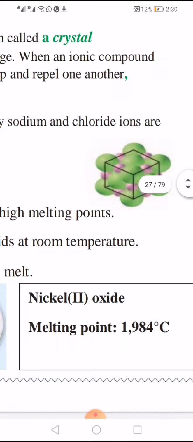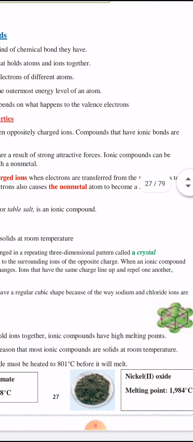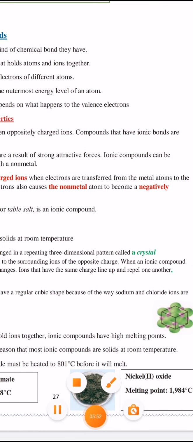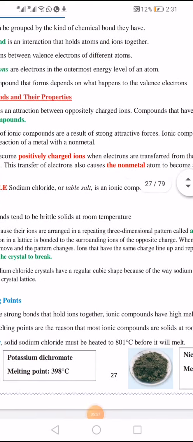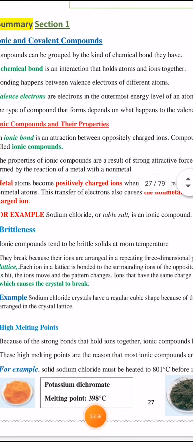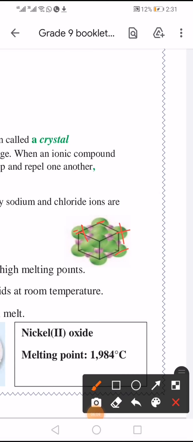Ions that have the same charge, like a positive charge, line up and repel one another. So what happens when these crystals are hit? The arrangement of ions inside this pattern, this is a negative, will rearrange. So what happened? The same charges come into the same line and repel each other.